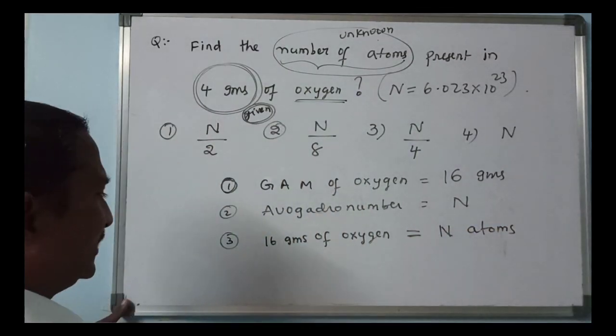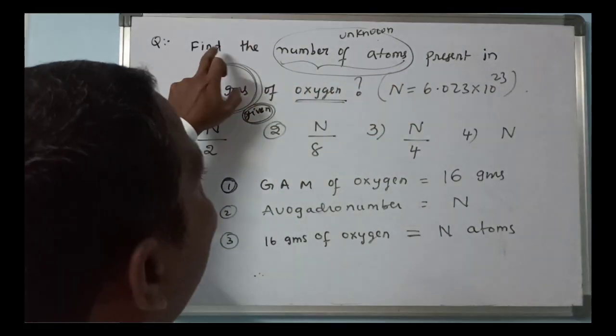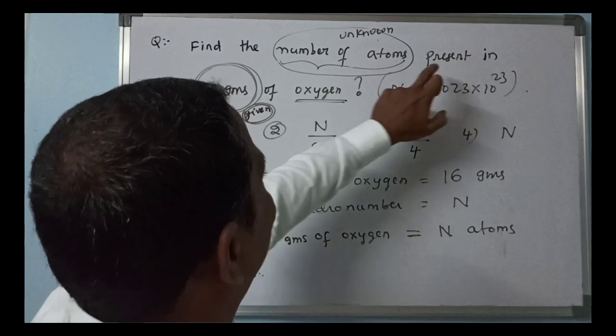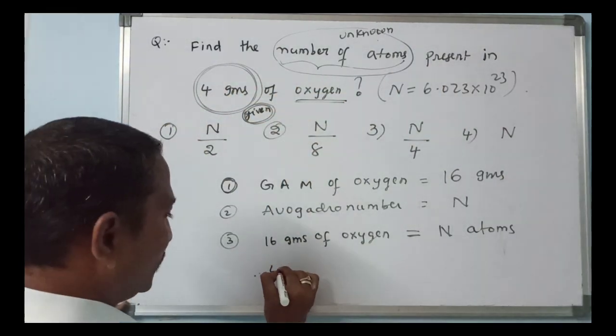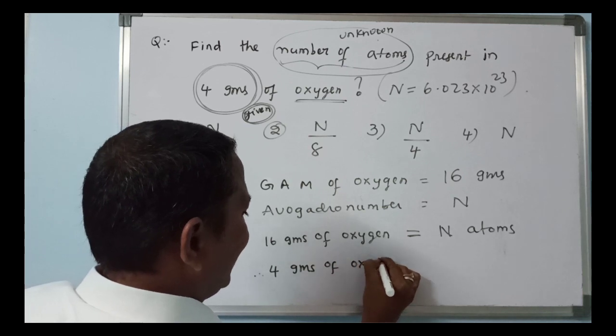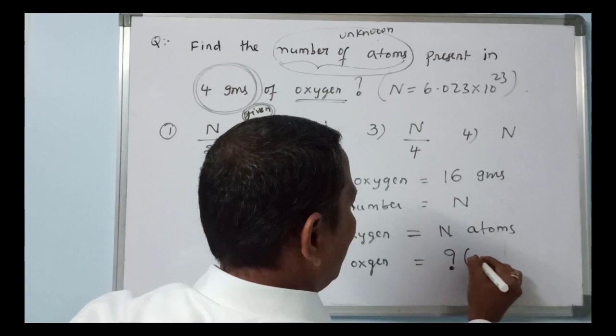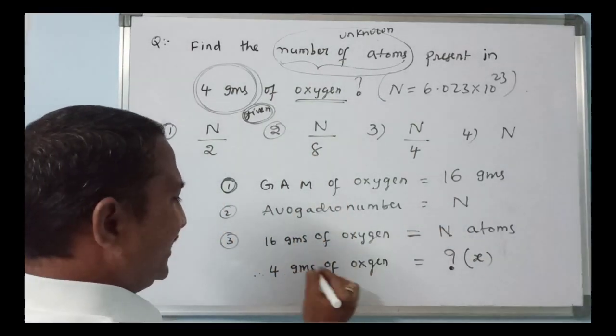Therefore, find the number of atoms in 4 grams. Therefore, 4 grams of oxygen contains how many atoms? Let it be X. Cross multiplication.